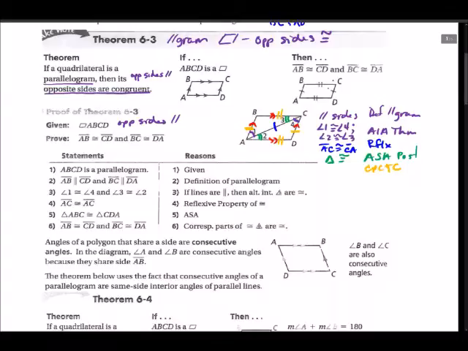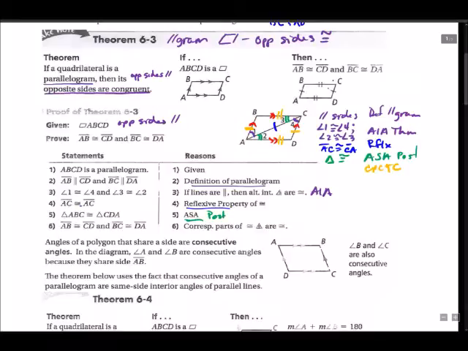So let's look at our proof here. We've got parallel lines, definition of parallelogram, right? Just definition of parallelogram. And then here's our alternate interior angles theorem. Our angles are congruent. There's our reflexive property. And then we've got our triangles are congruent by angle side angle postulate.